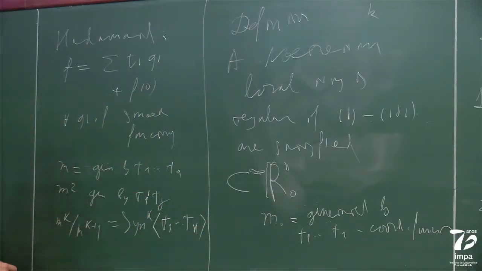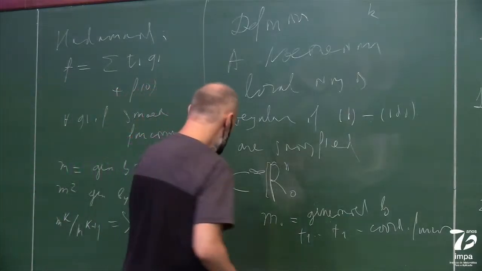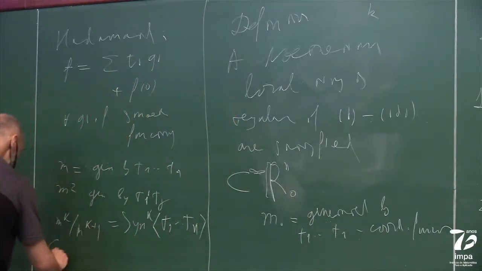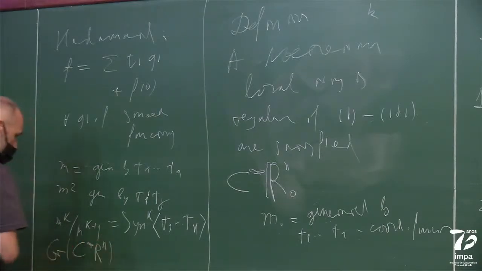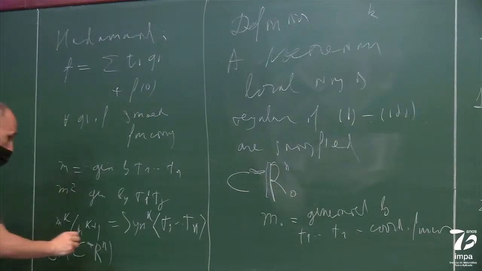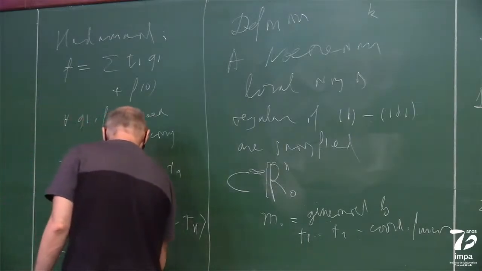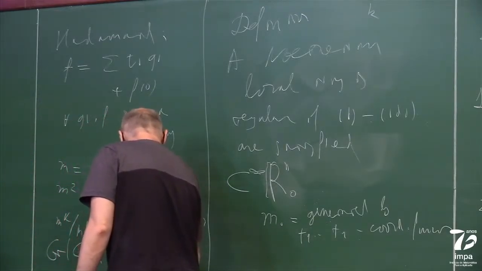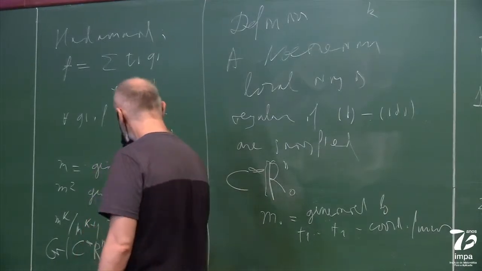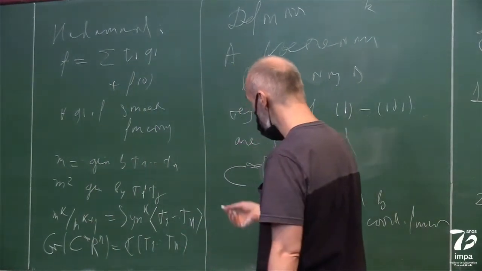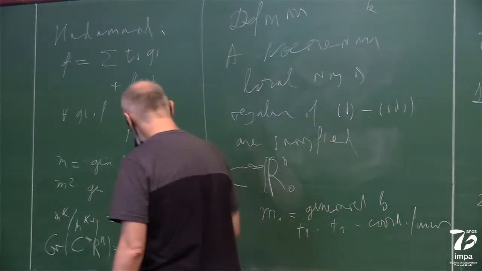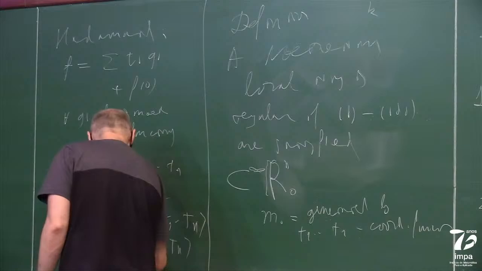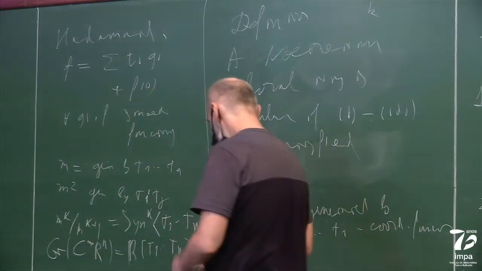And this implies that the associated graded ring of the smooth functions is equal to the polynomial ring. Well, it would be real if we are interested in real functions, and complex if we are interested in complex functions. So maybe I should write R, because most people do real functions.